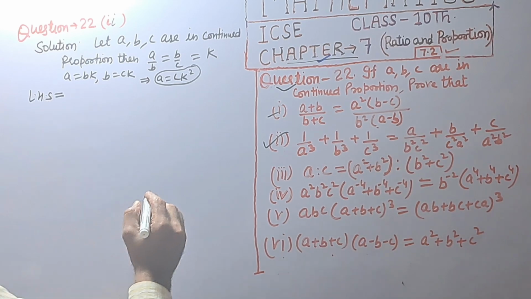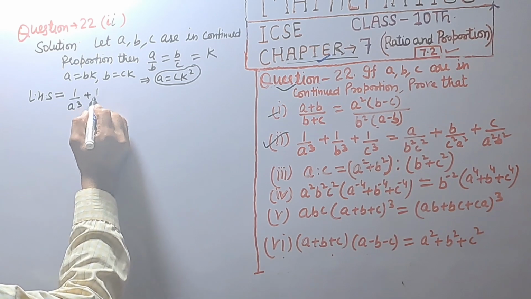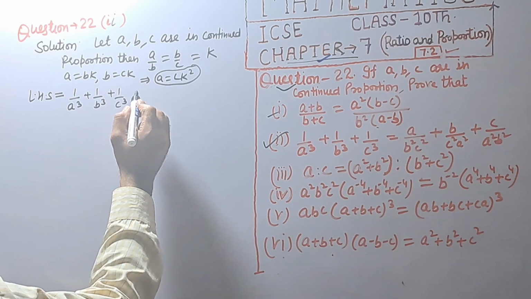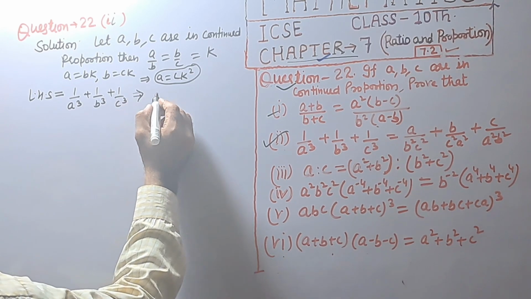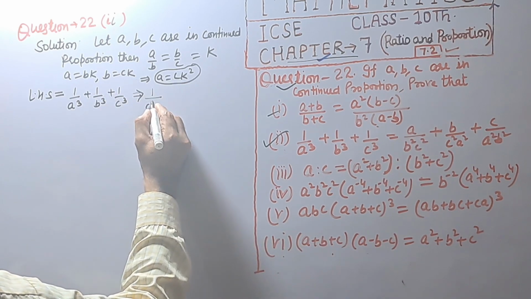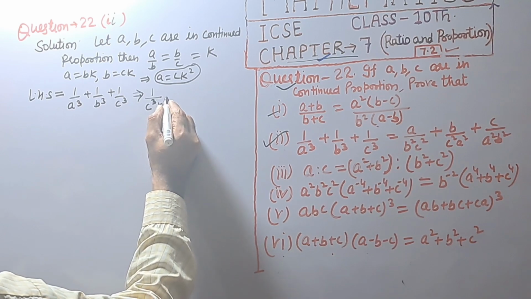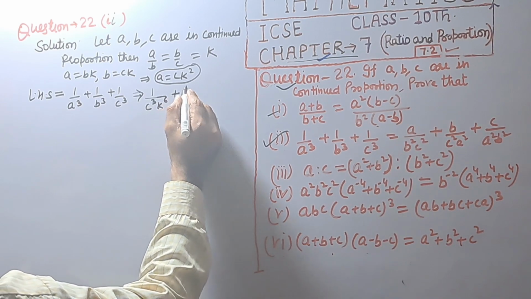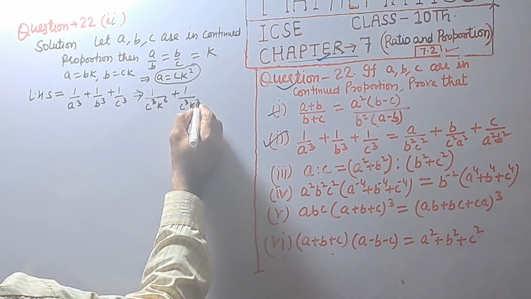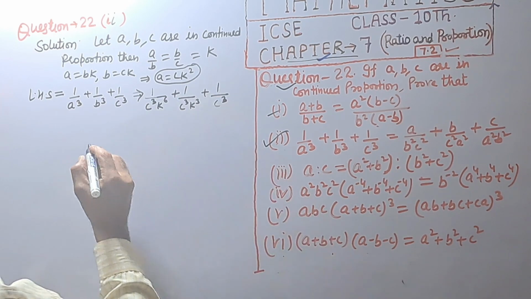Left hand side is equal to 1 upon A cube plus 1 upon B cube plus 1 upon C cube, which implies 1 upon A cube, that is C raised to power 3 and K raised to power 6, plus 1 upon B is equal to CK, C raised to power 3, K raised to power 3, plus 1 upon C raised to power 3.